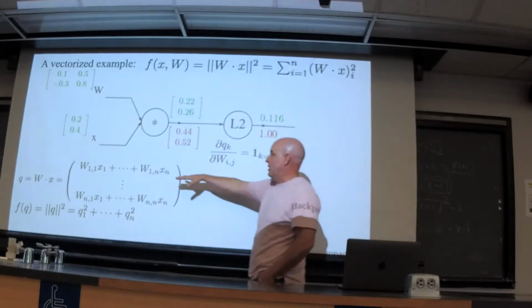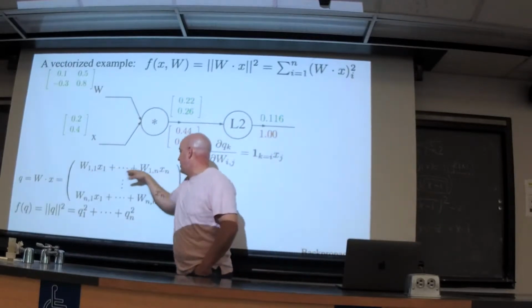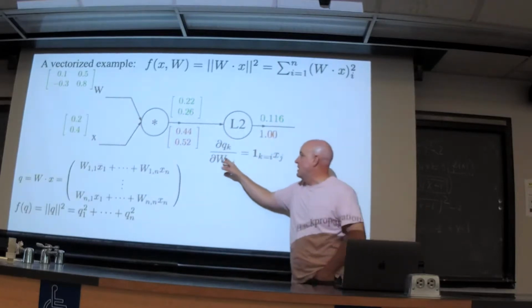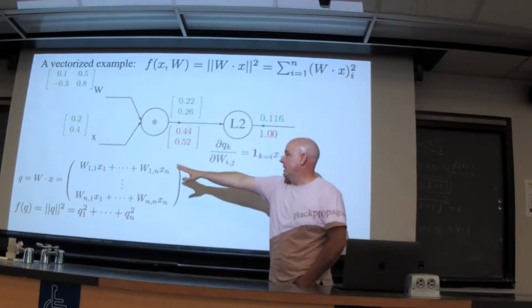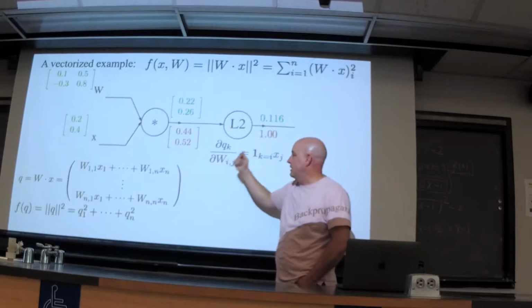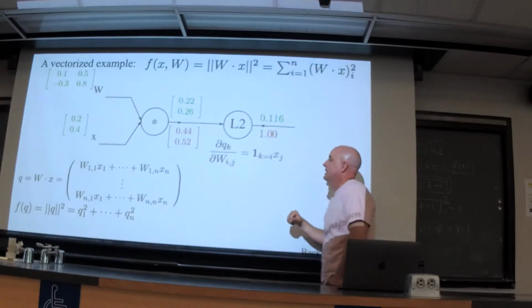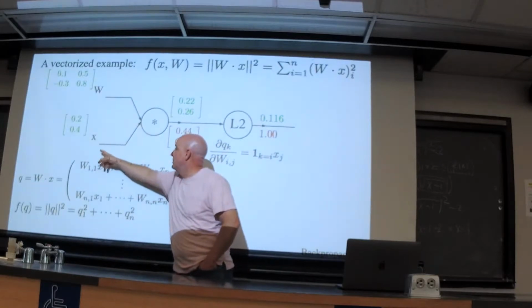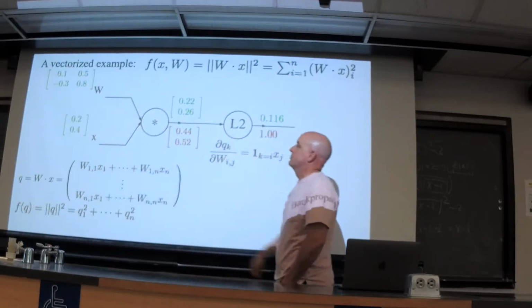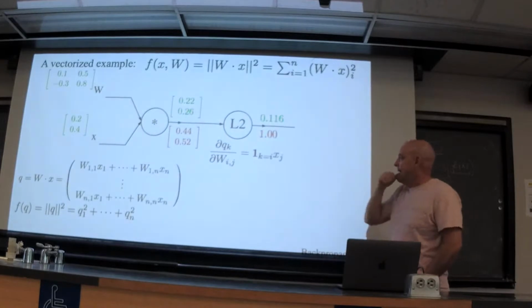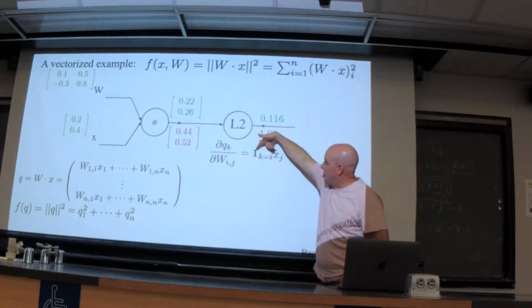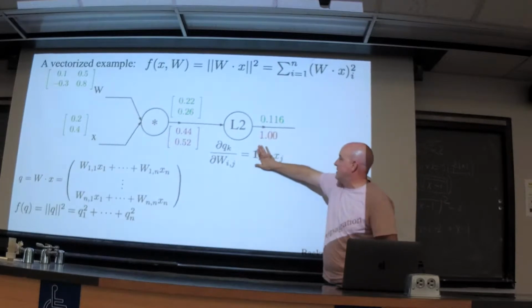Well, this is really simple, right? This is just a bunch of linear terms. So if I think about the partial with respect to W11, the entry in the first row and first column, then it's just going to be x1, the first entry of x. And that's what we have here. Only for that first row is this going to be a 1. So just imagine that's set to 1.